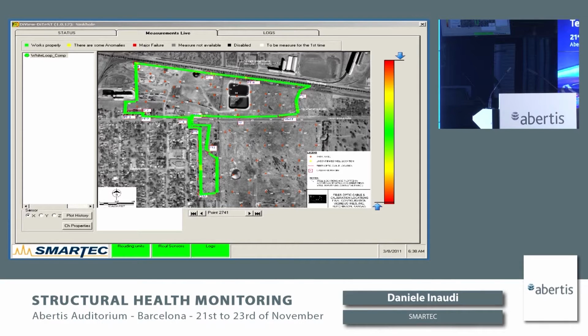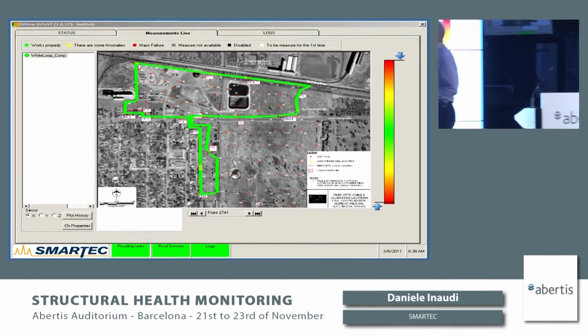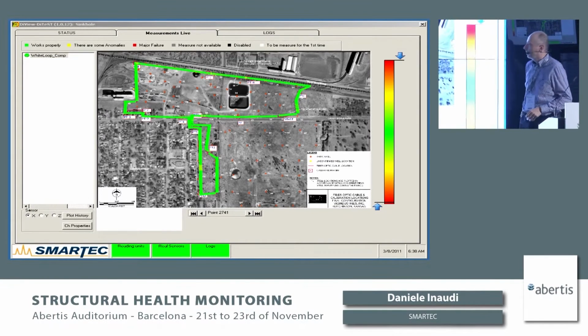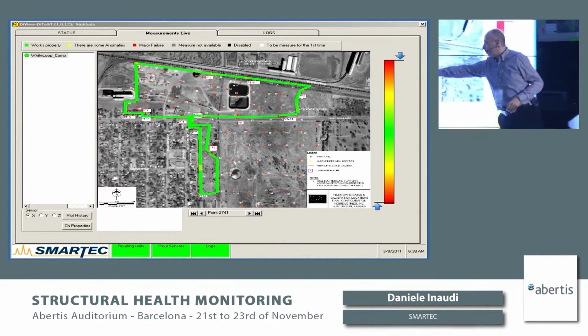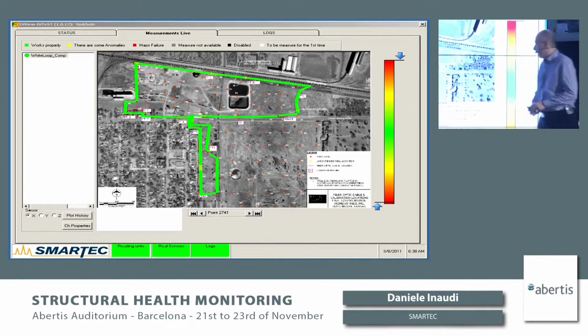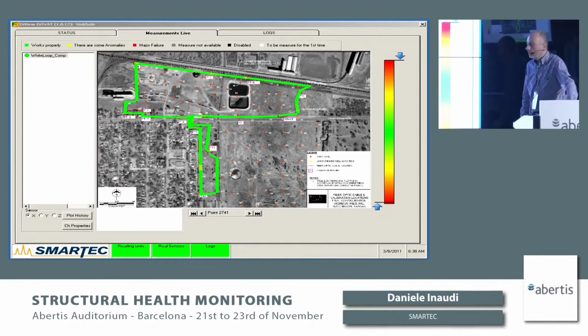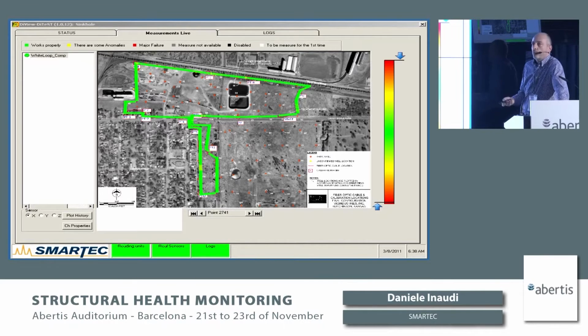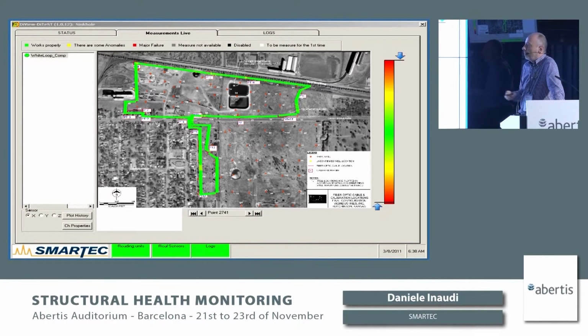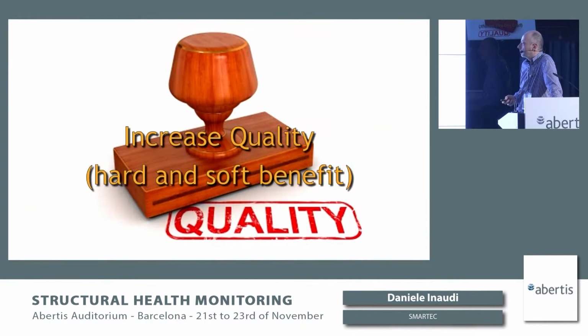That's, by the way, the location where the other picture was taken. It really damaged the railway line. And everything gets measured from a central location here. So here's an example where the cost was relatively high, but it's associated with a very high risk as well. So it is justified from that point of view.